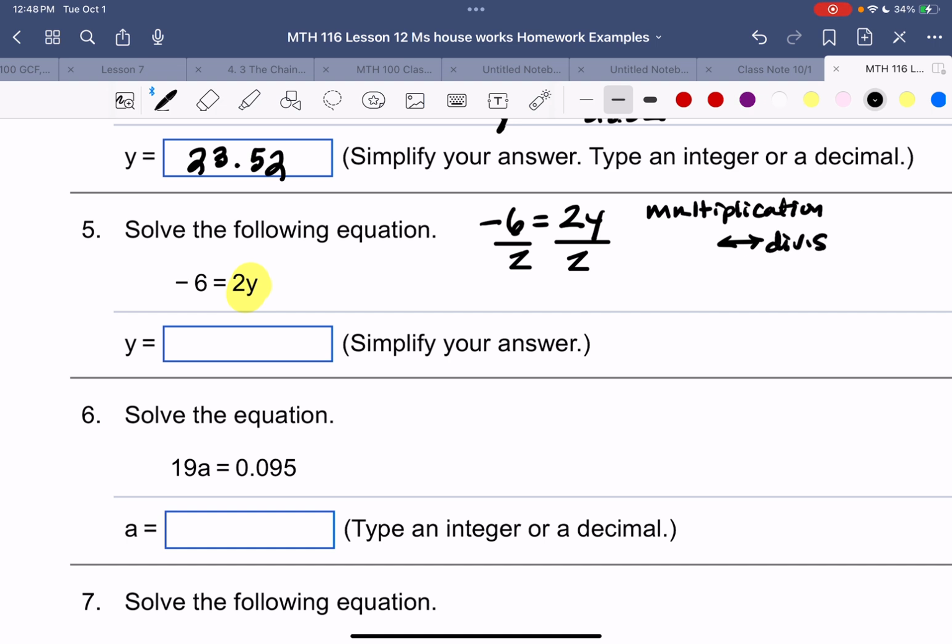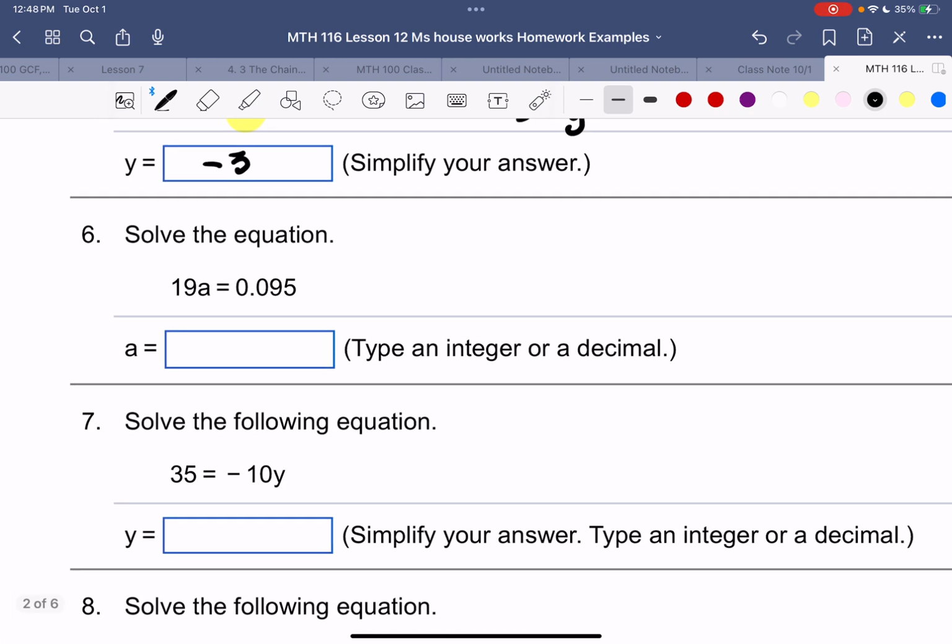And I don't know if I said that before, but those are opposite operations. So I divide both sides by 2, and negative 3 equals y, because 2 goes into 2 and leaves a 1. And remember, we want a coefficient, or that number out front, to be a 1. So our final answer here for number 5 is negative 3.